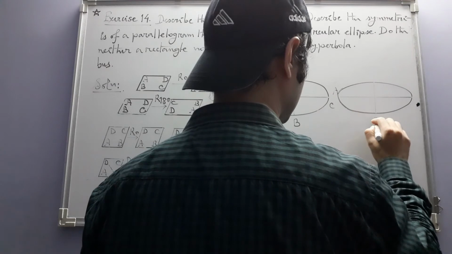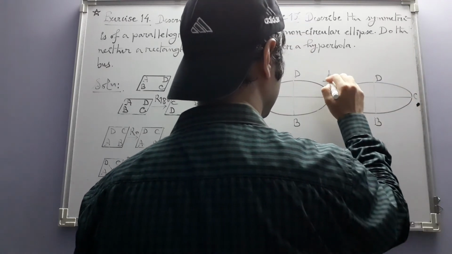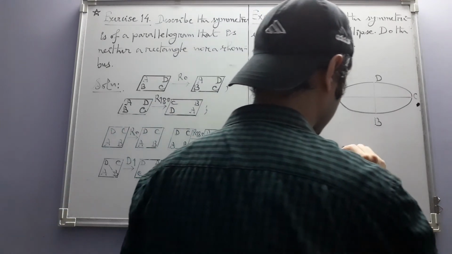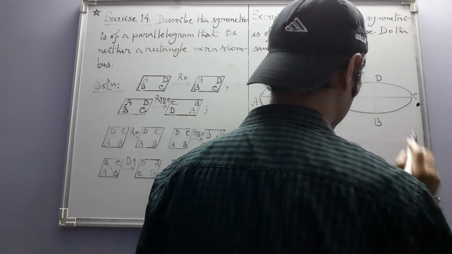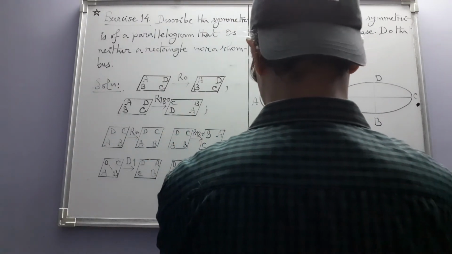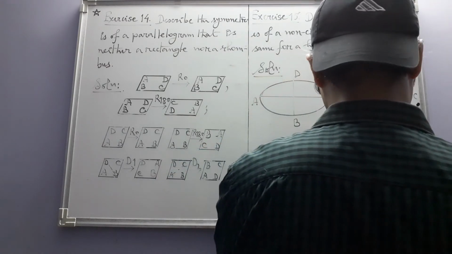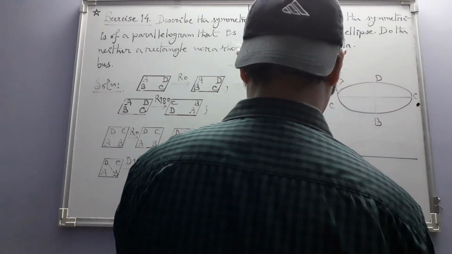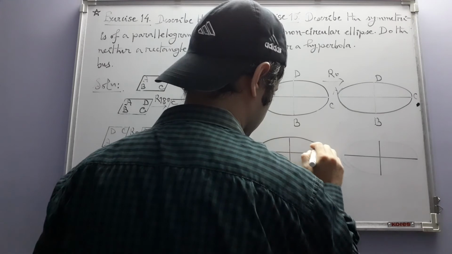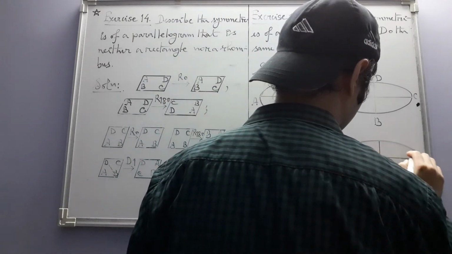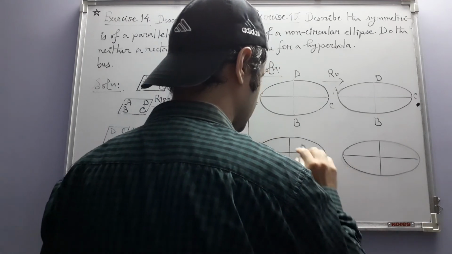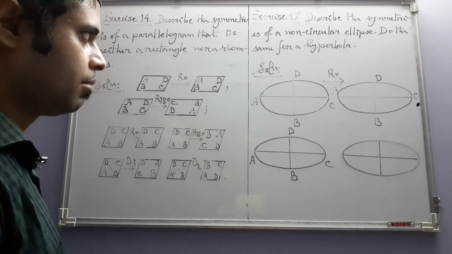So A, B, C, D. So the first transformation is just R0, which does nothing, and then the ink will take some time to come. A, B, C, D.